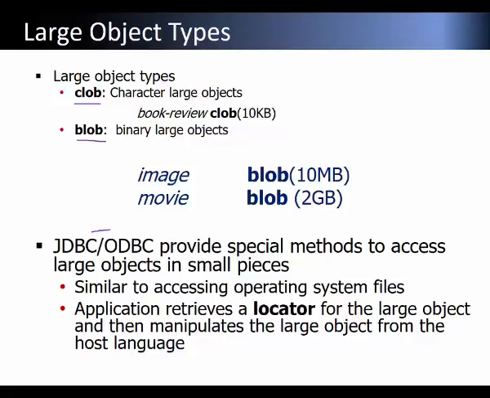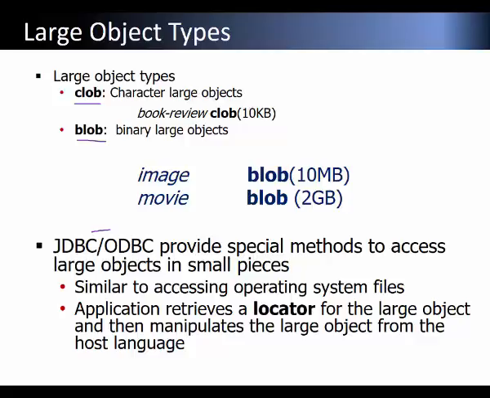If you want to create a database, create a table, each object in a table represents a book. So a book is like a big size of text, right? How can you store that?